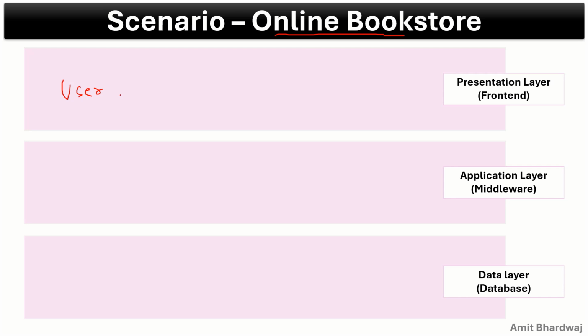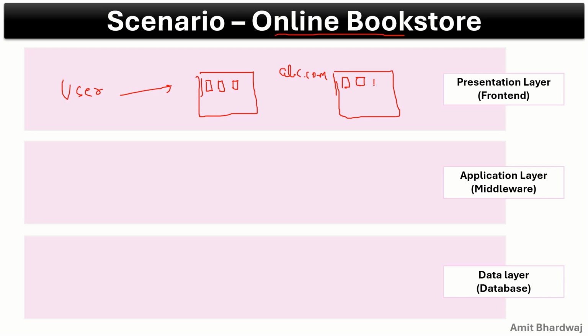Options for the user are either to use a mobile app which will have those online books available, or for the website, which I will call abc.com, go onto the laptop and access that website, which has the online books available.